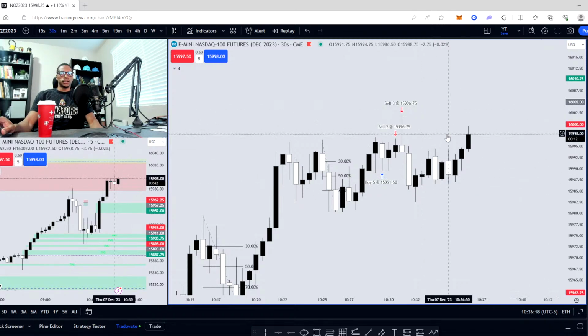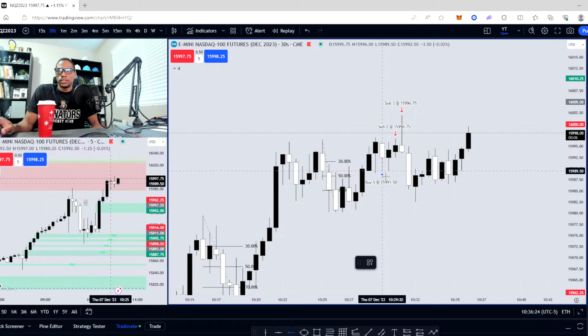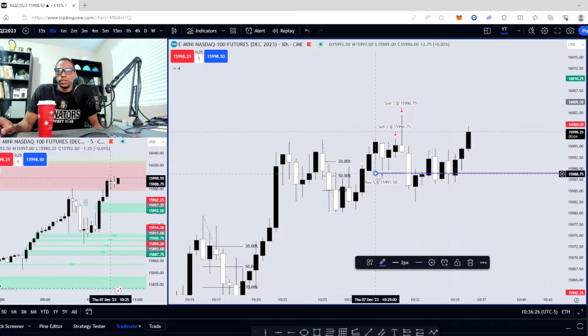Unless we get a new high, there's not a lot to do right now. But one thing we do have, and we can see, is that we had a swing low here taken on its way down.